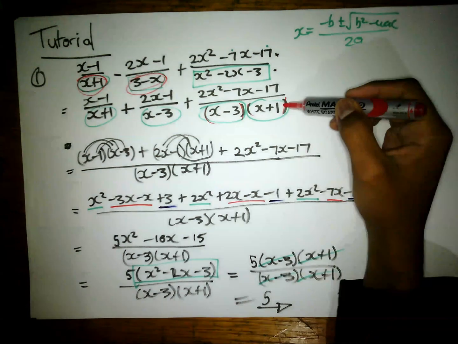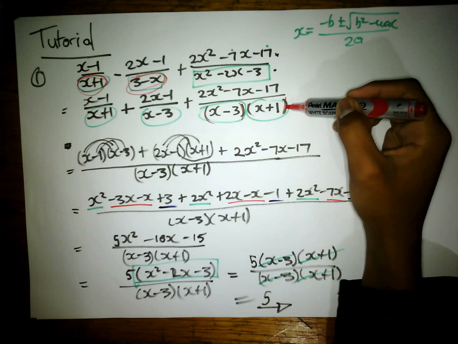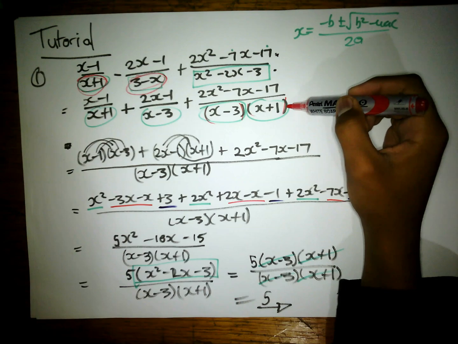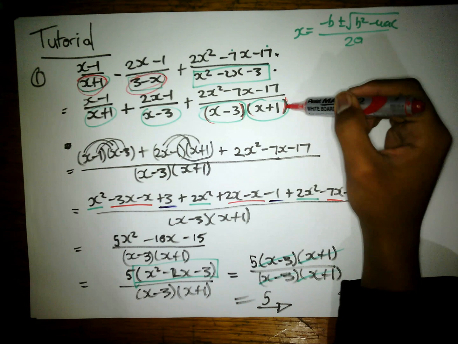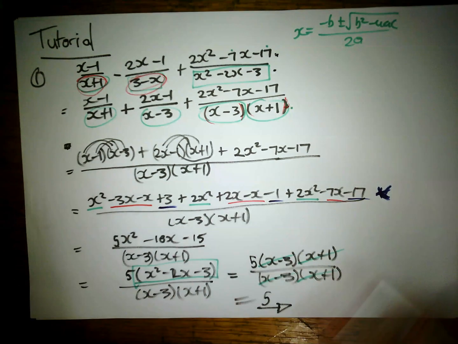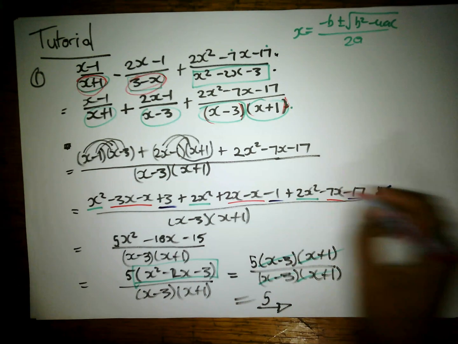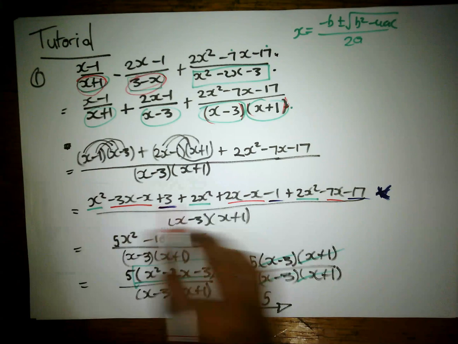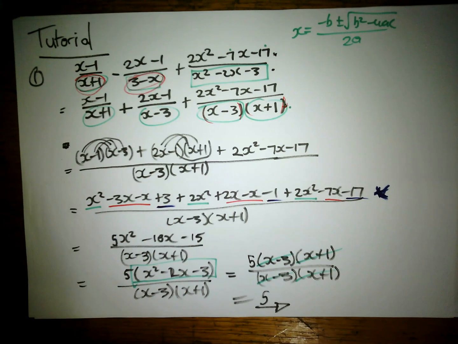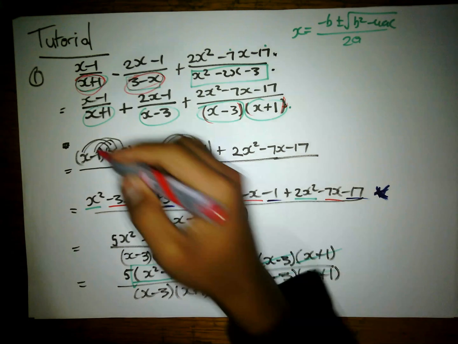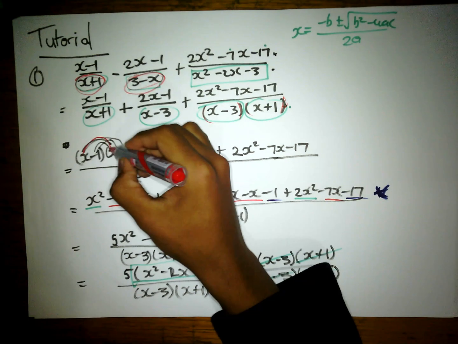Maybe the hint is always for the denominator, because it's very important to get this one first. The simplifying should be very easy. On the level where you are at, it's very easy now, but to get there, it's not that easy.